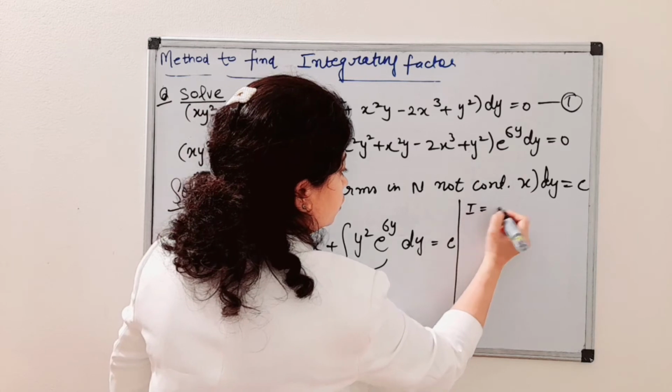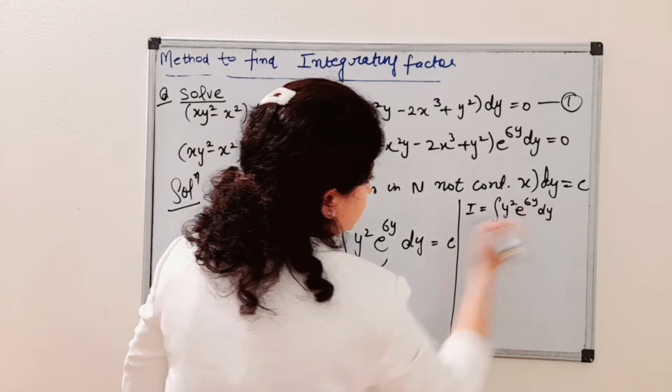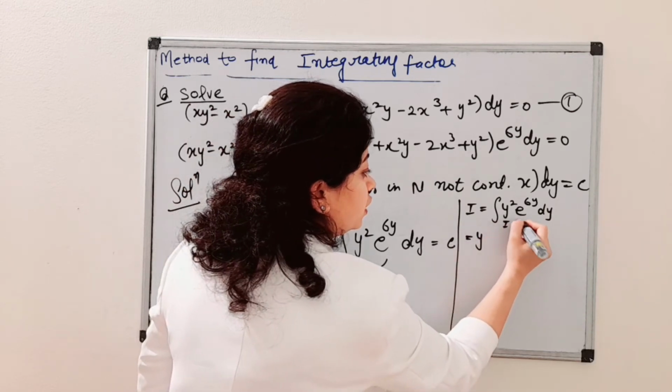I is equal to the integral of y² e^(6y) dy. Now how do we integrate a product?